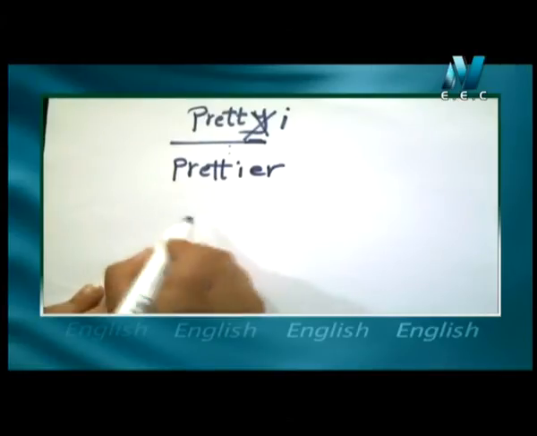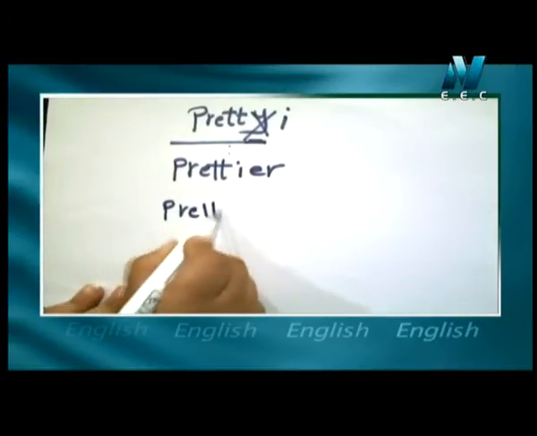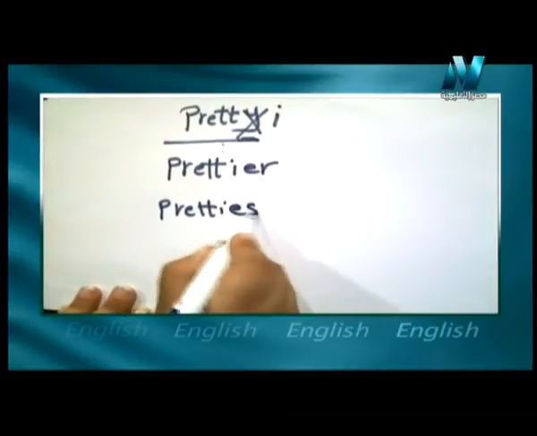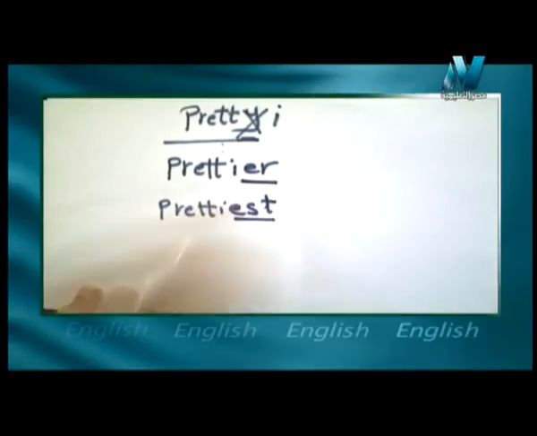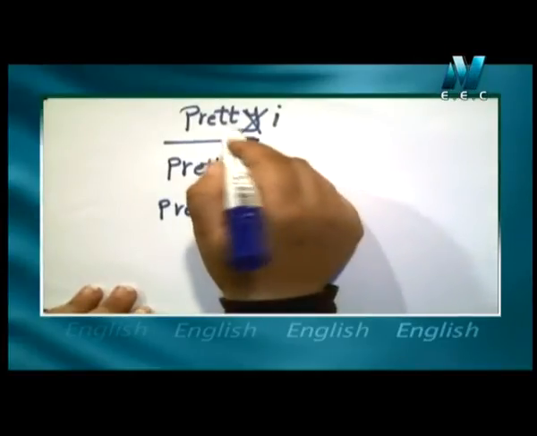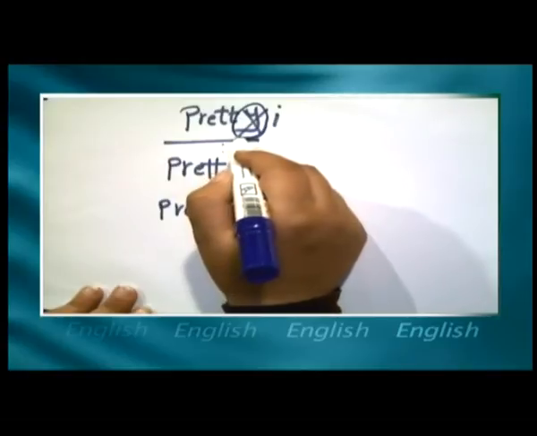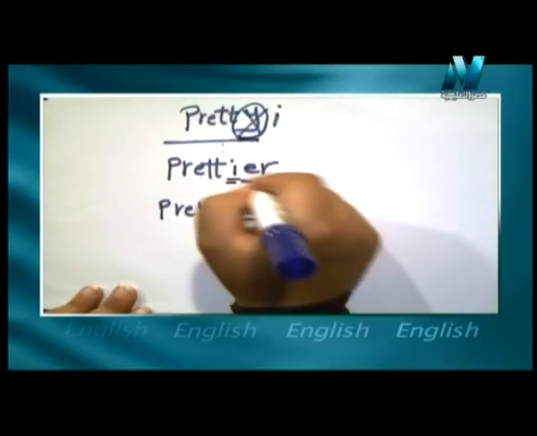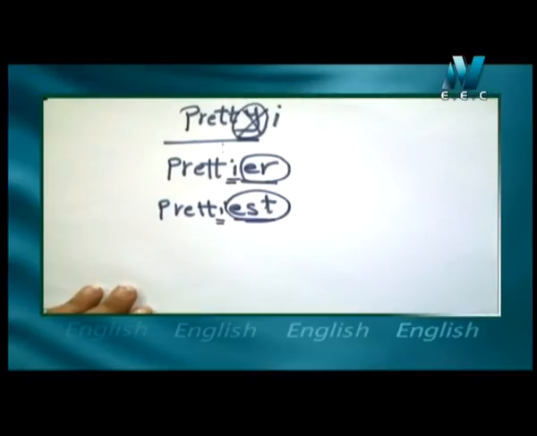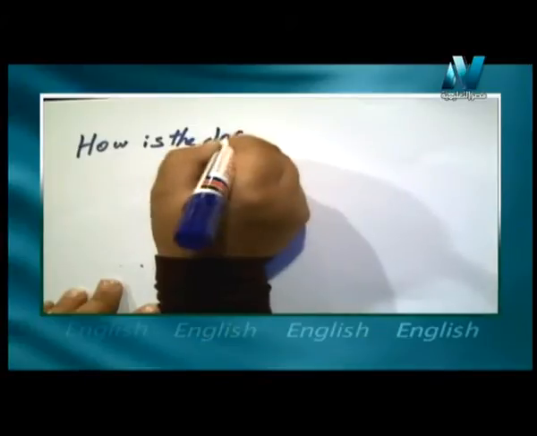Or in the superlative form, I will put I instead of y and est, prettiest. So when I have a short adjective and it has y at the end, I'm going to replace it with I and then put er or I and then est. For example, I will say, how is the dog running?